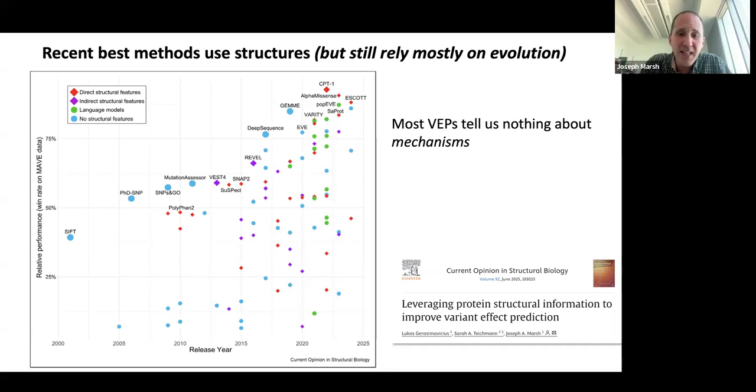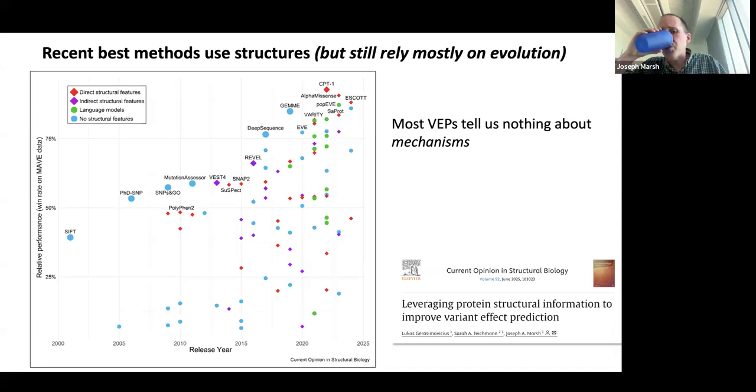And you can see that up till about 2019 or so with the method GEMME, the best performing methods actually tended to be these methods that were purely based on sequence information, evolutionary conservation. GEMME's just based on sequence alignments.